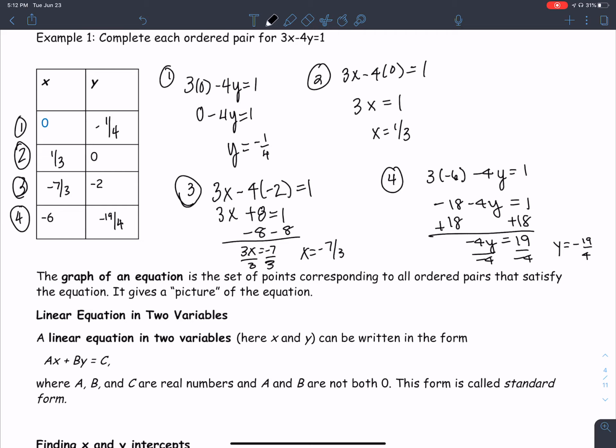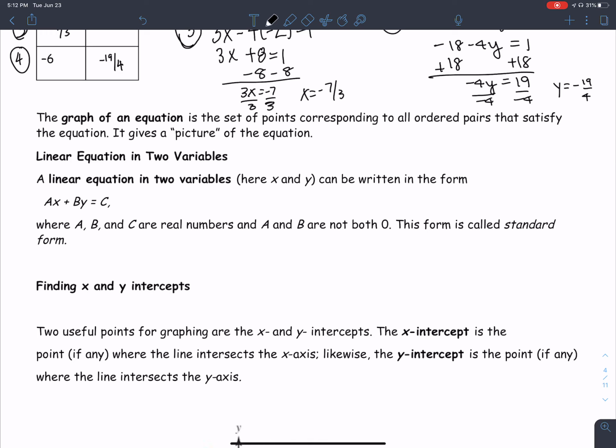Okay, so the graph of an equation is a set of points corresponding to all ordered pairs that satisfy the equation. It gives a picture of the equation. So a graph gives you a picture of equations. Now we're going to talk about linear equations in two variables. A linear equation in two variables, x and y, can be written in the form ax plus by equals c.